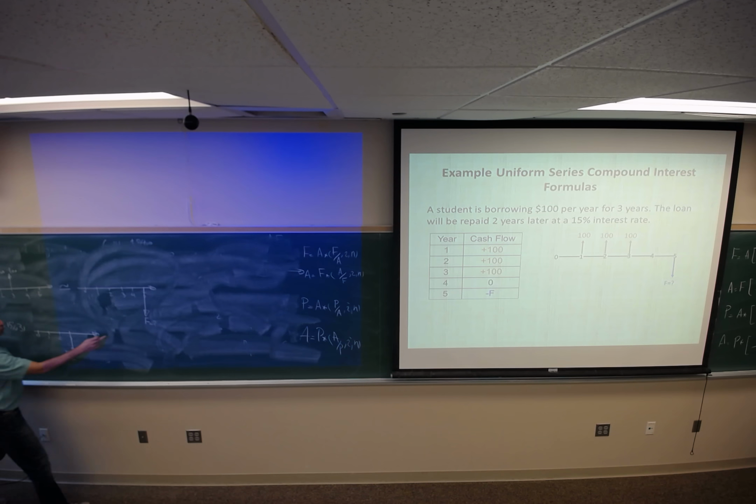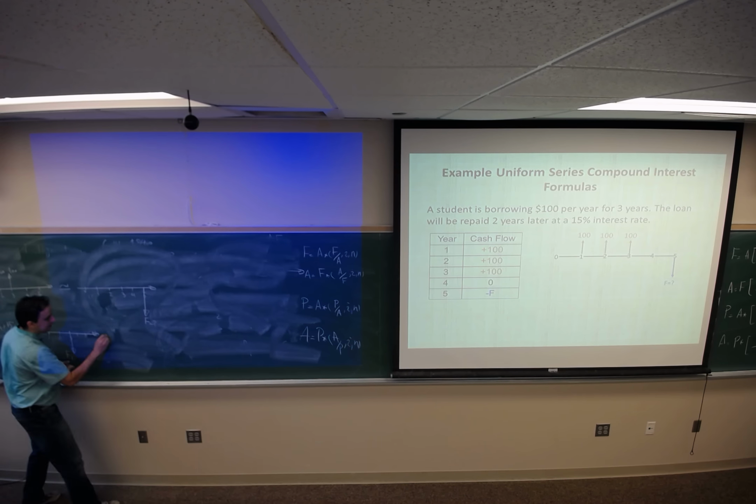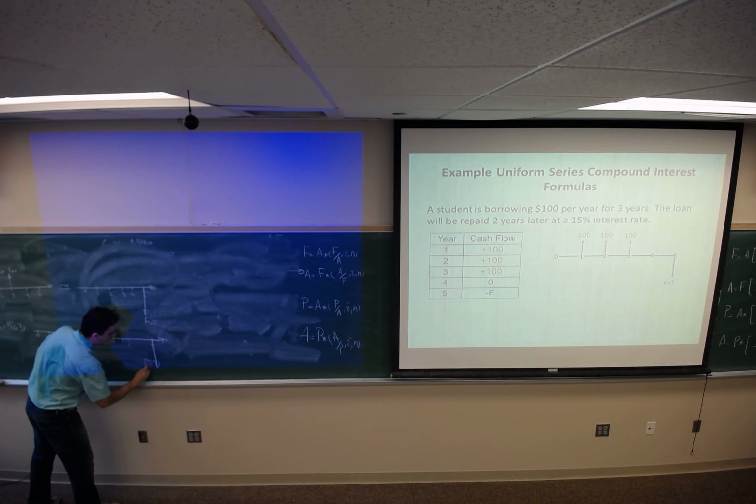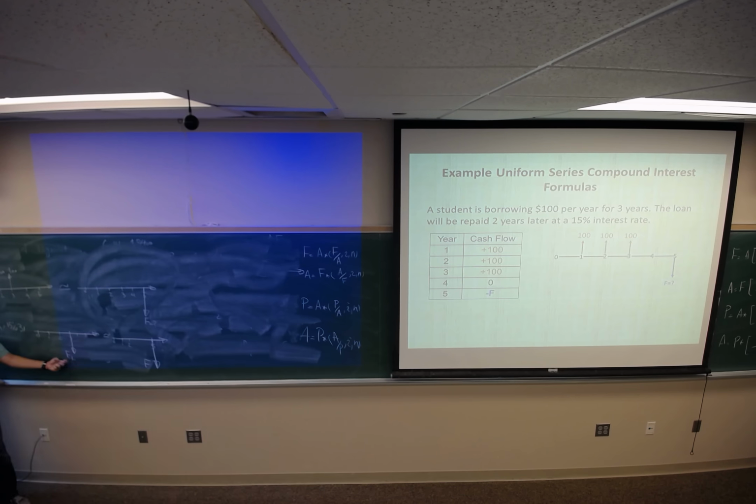But you are looking for year 5. So what you can do is, you have one single payment here, which is F1. Now find its equivalent at year 5.